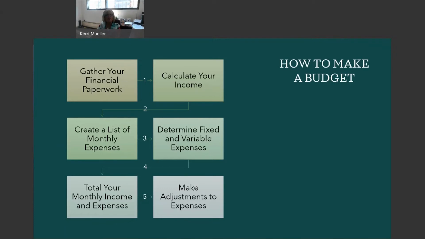Now, if your expenses are more than your income, that means you're overspending and you need to make some changes. So, we need to make adjustments to expenses. If you are in a situation where your expenses are higher than your income, you need to find areas in your variable expenses, meaning those that change every month, where you can cut.